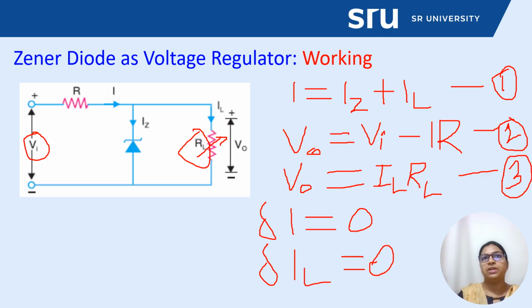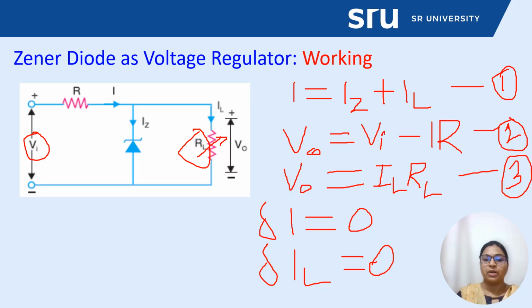Thus the supply voltage varies and the load current remains constant. The total current I and the Zener current Iz change equally to keep the load current IL constant. Thus, if total current I decreases by delta I, the diode current Iz will also decrease by the same amount. So load current IL remains constant and the output voltage V0 across the load tends to remain constant.